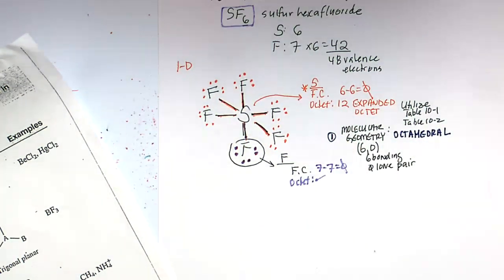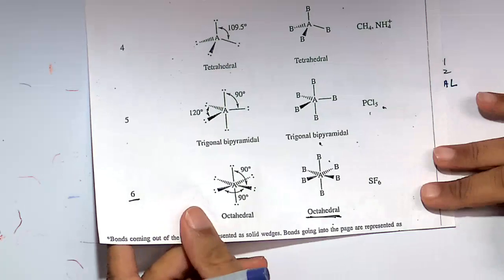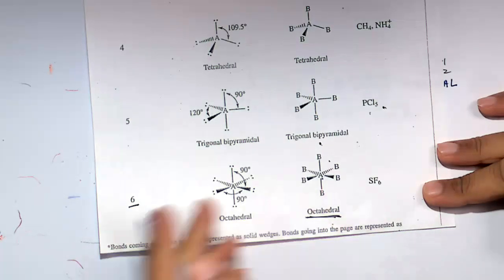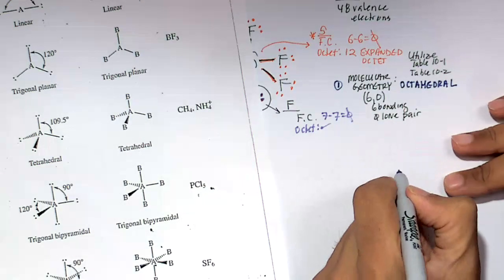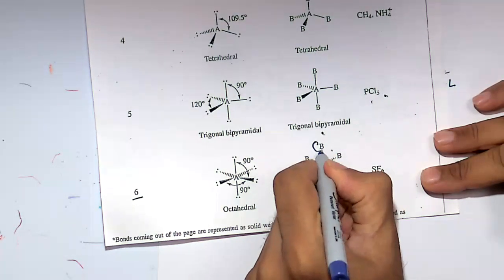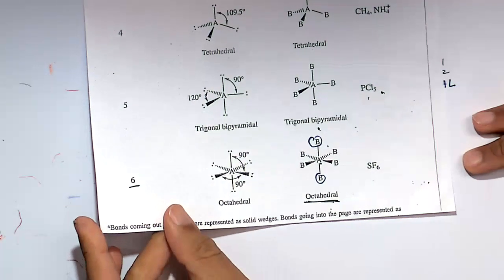So how will we draw this in 3-dimensional space? Well, this kind of tells you how you would draw it. Here we would have the sulfur atom. We have this fluorine and this fluorine up and above the plane of the piece of paper.